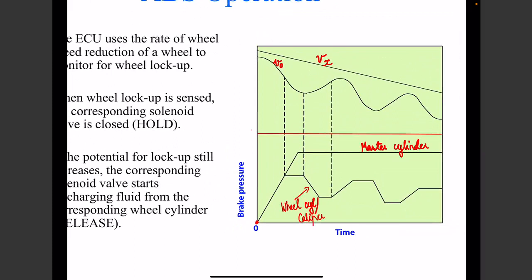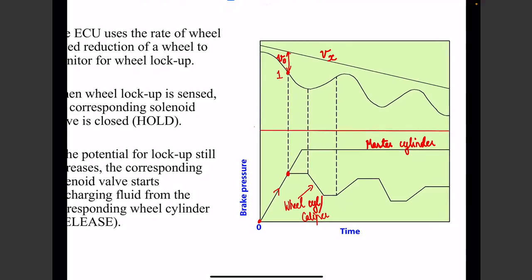So what happens is the following. Till this point, we can see that the brake pressure is increasing and the wheels are slipping. Let's say at this point one, the gap between Vx and V0 is perceived to have increased beyond a certain threshold.